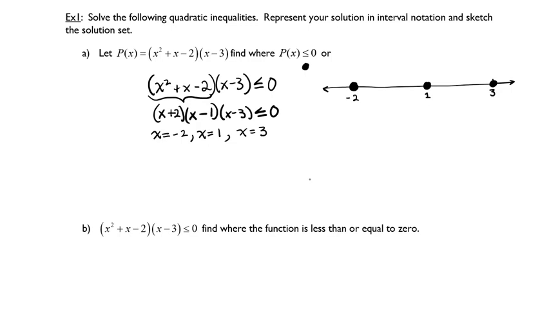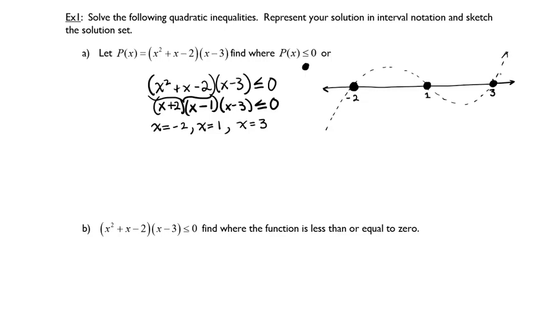I also know that because the leading coefficient is positive, I would have 3 roots, degree 3, and it would look something like this if I graphed these 3 binomials. It would have a cubic shape.